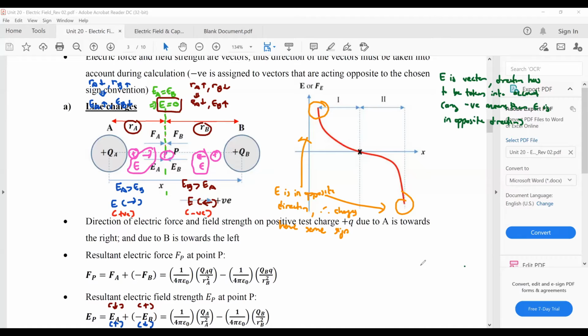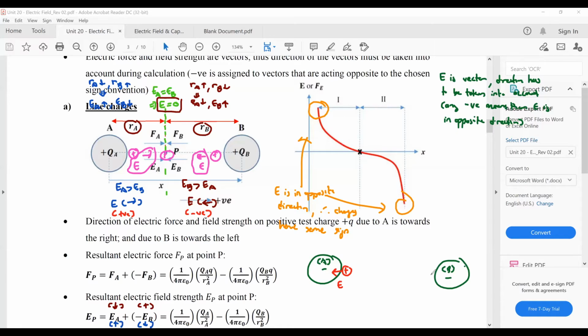The same thing can also be said if I tell you that this is negative, negative. You will still get the same conclusion that the field strength is going to be in opposite directions. Say for example, I give you a negative sphere A and a negative sphere B. If I put a positive test charge here, whatever field strength I have here will be determined mainly by A. So this is negative, this is positive, my E will be in this direction.